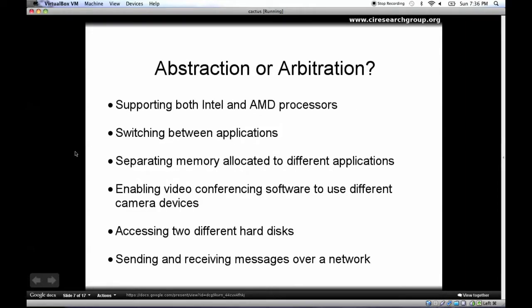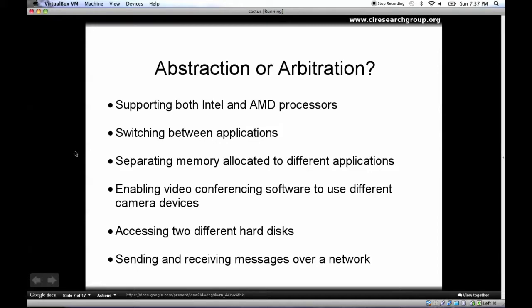Now, of these examples, do we have a situation where we have abstraction or arbitration? Well, first example is supporting both Intel and AMD processors. This is an example of abstraction. We don't have to write separate software for an Intel processor relative to an AMD processor, at least for 99.99% of applications.